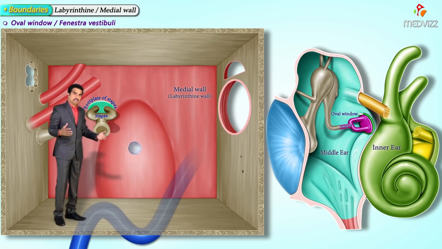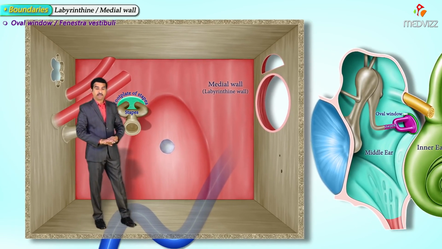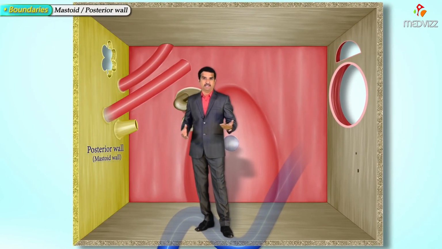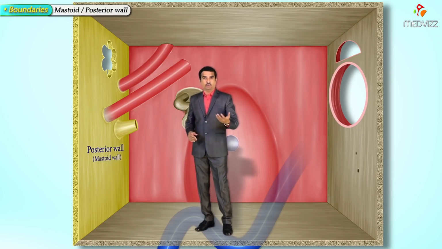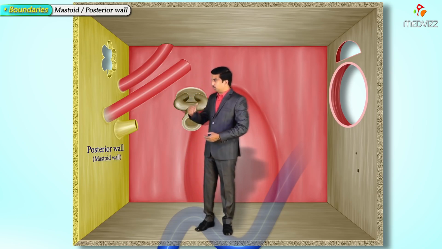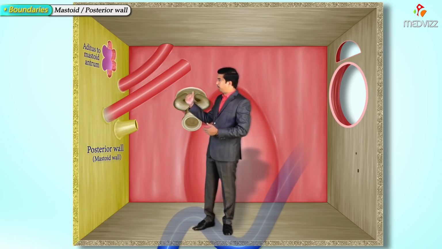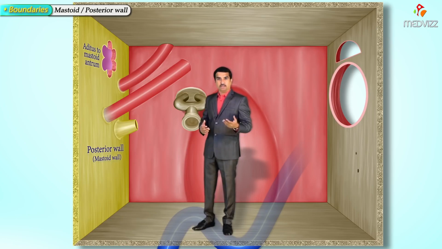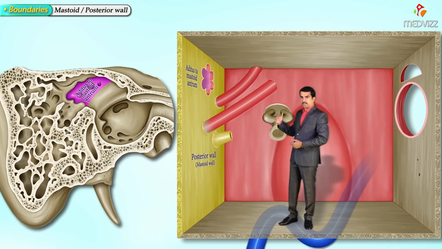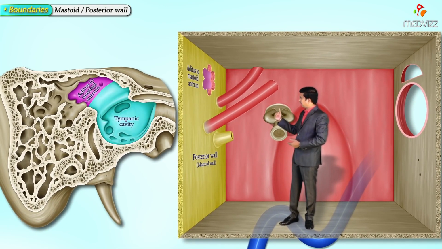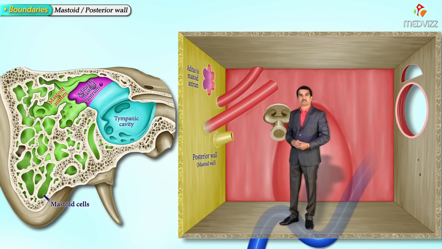After discussing the medial wall, next let us concentrate on the posterior wall of the tympanic cavity. The mastoid wall is also called the posterior wall of the middle ear. This wall features the aditus, the opening to the mastoid antrum in its superior part, which connects the tympanic cavity to the mastoid air cells.